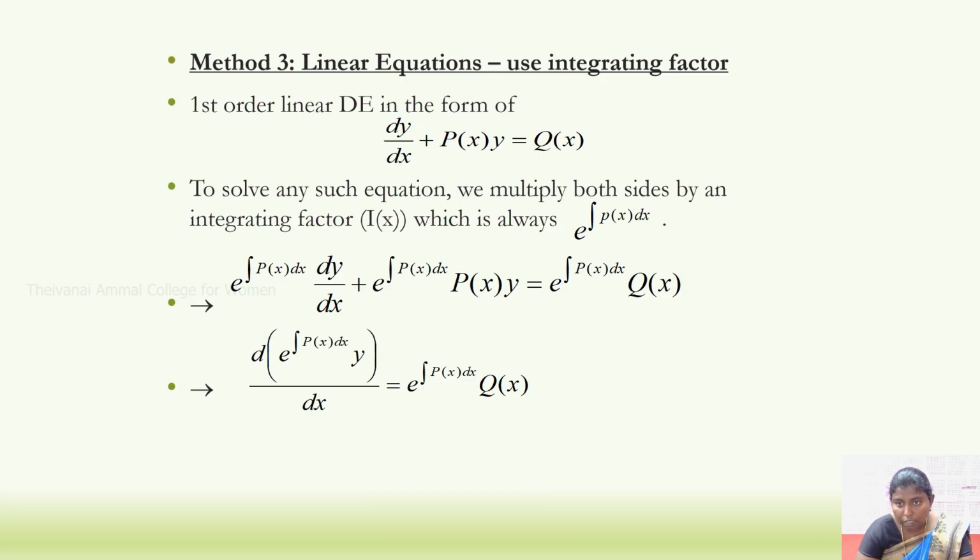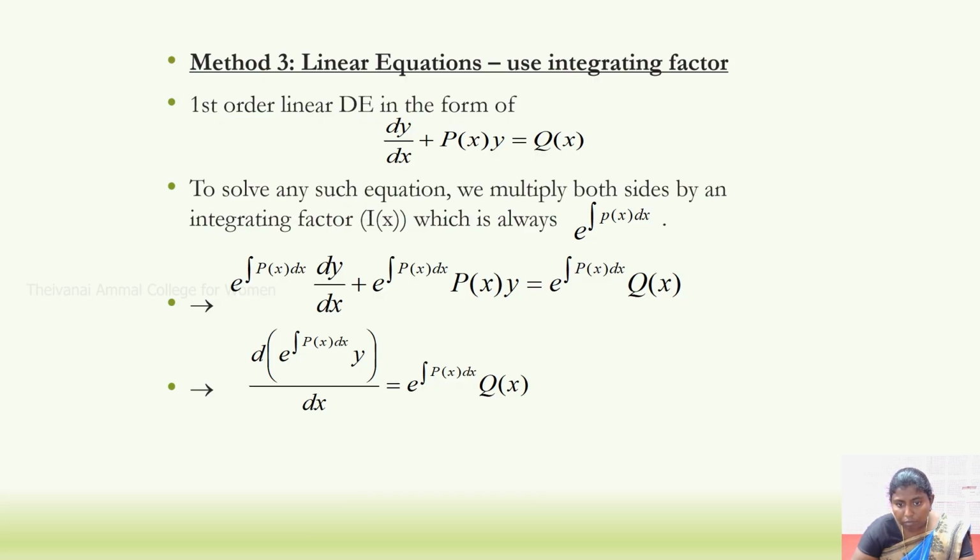So in the question, we have the p of x and also the q of x values. Then we substitute in integral p of x dx and integrate. After we substitute the integration, we get e power integral p of x dx dy by dx plus e power integral p of x dx p of x into y is equal to e power integral p of x dx into q of x.